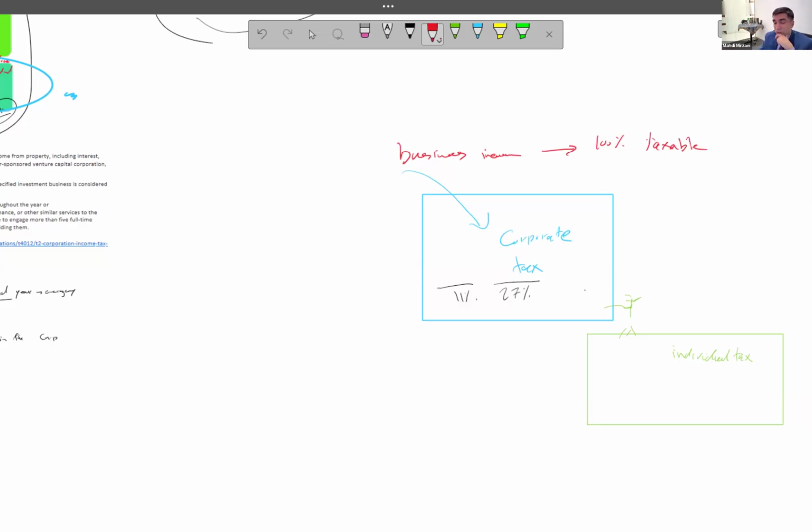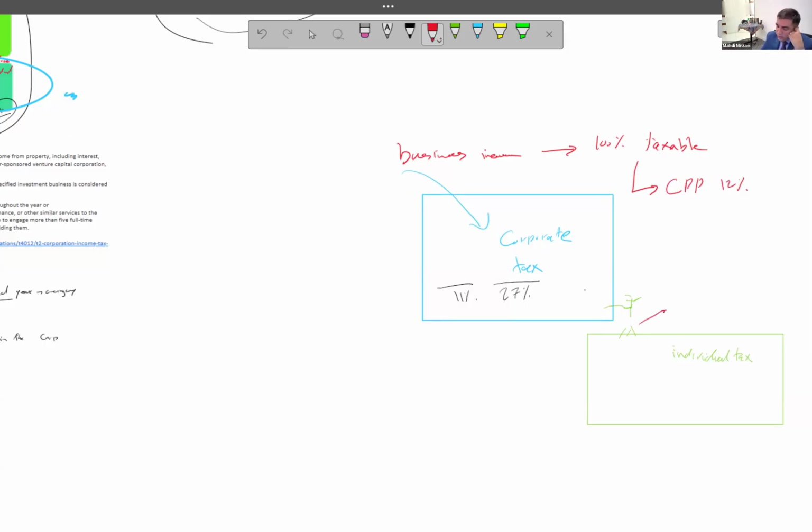And if it pours into the individual tax, you need to pay CPP for that. CPP is almost 12%, up to 12%.